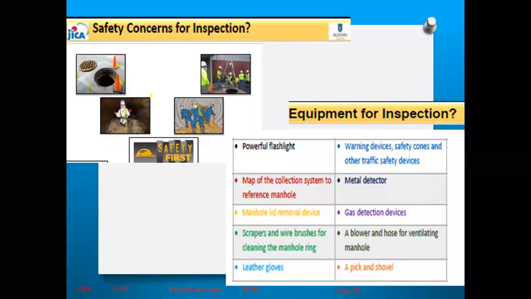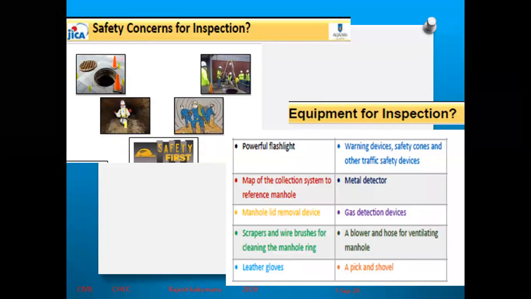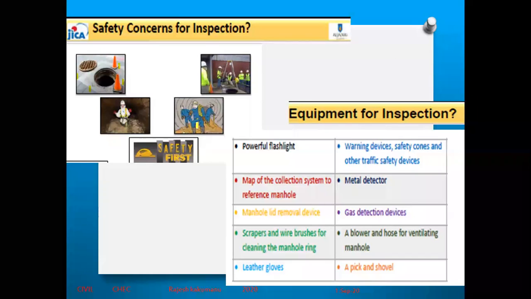Next, whenever you are going into the sewer pipeline for checking anything, you have to wear proper uniform. You have to wear a proper mask, proper helmet, your spotlight, your goggles, hand gloves, shoes, everything. Then you have to go for the inspection. We have to wear a helmet on every occasion.